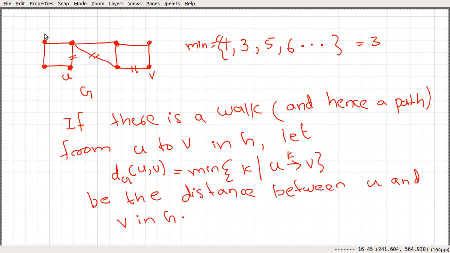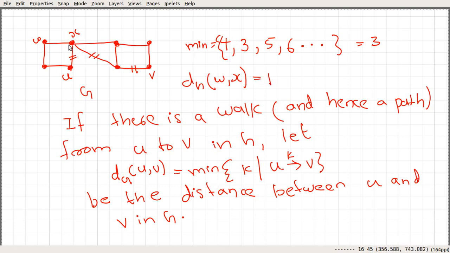So let me consider another example. Again consider the same graph, and let's consider these two vertices W and X. Here again you can see that there are many paths or walks between W and X, and we can see that these two vertices are directly connected. So that says the distance between W and X in this graph is equal to 1.